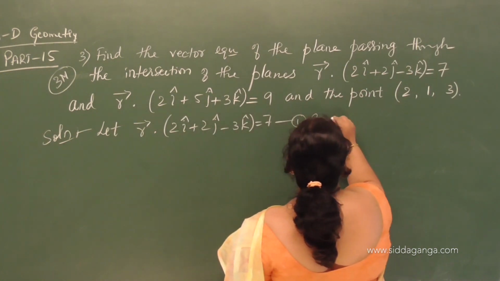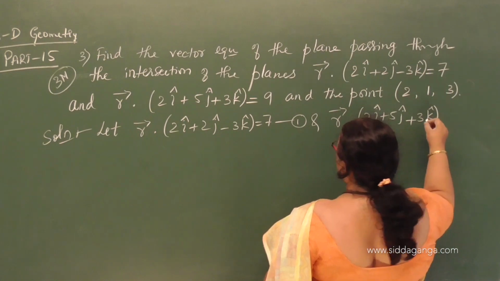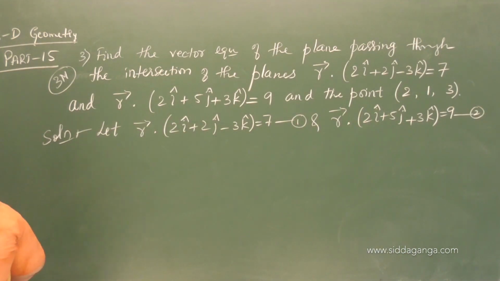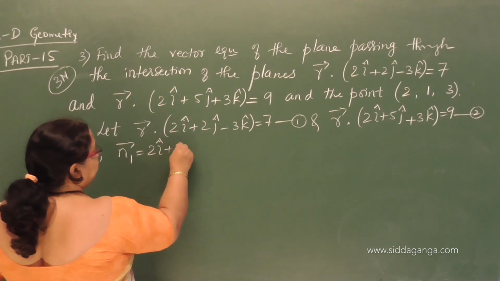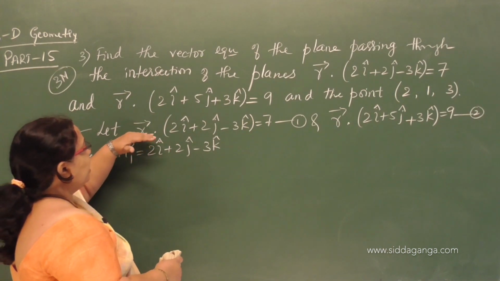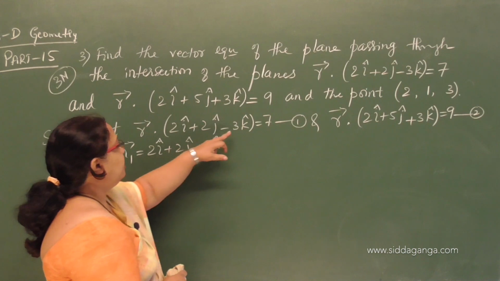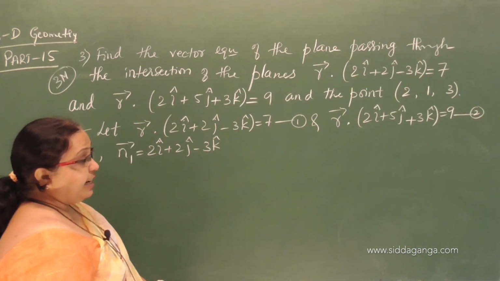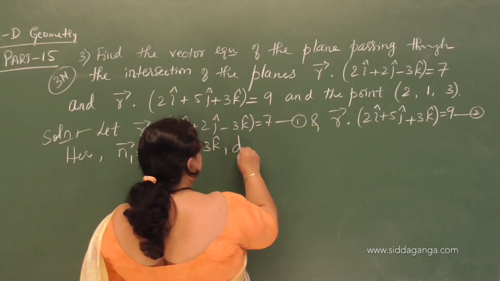And the second plane is vector r dot 2 into i cap plus 5 into j cap plus 3k cap equal to 9, equation 2. Now here they have given it in vector form. Vector n1 equal to 2i cap plus 2j cap minus 3k cap. If I take the dot product, I can convert this into Cartesian form: 2x plus 2y minus 3z equal to 7, and on the other side 2x plus 5y plus 3z equal to 9. Then we can reduce it to Cartesian form and solve. So d1 equal to 7.